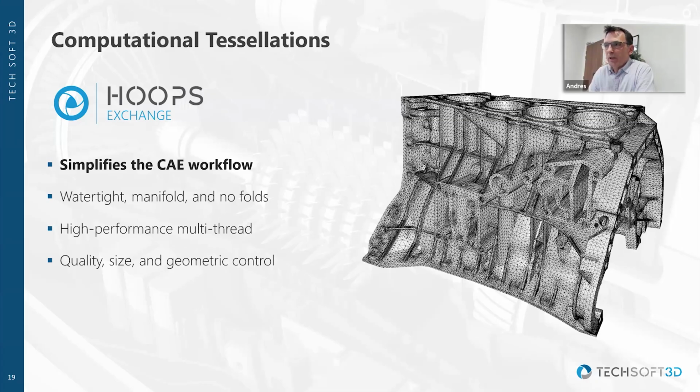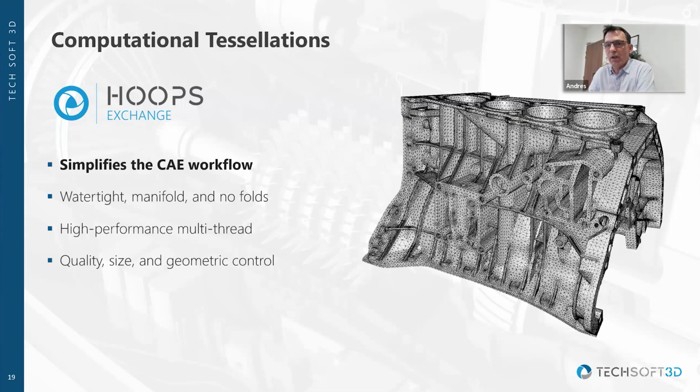But this year, we'll be taking that a step further. Well, the Hoops Exchange team will, by providing computational tessellation. Historically, Hoops Exchange was not connected to CAE, but now, again, in an effort to integrate our toolkits much better, and so you can get the full power of them, there is this will to provide a computational tessellation.